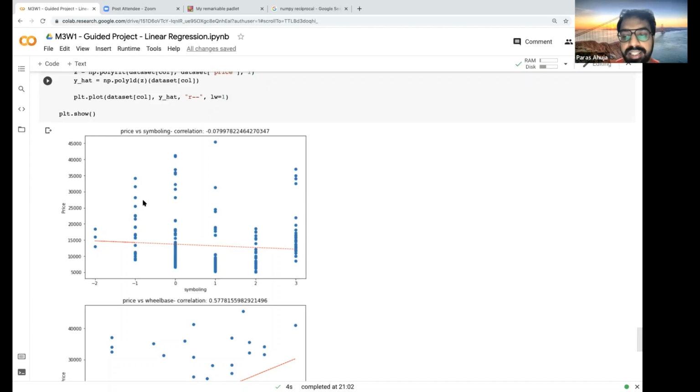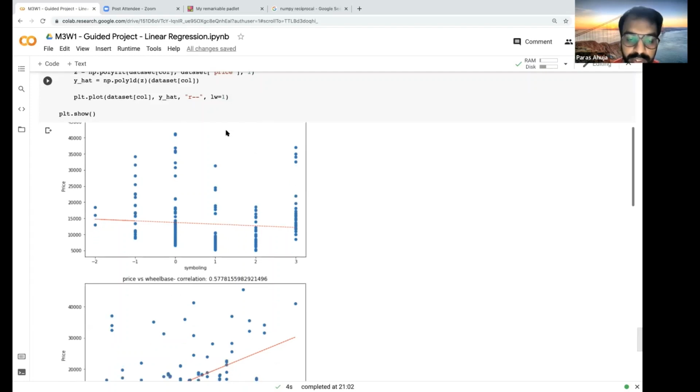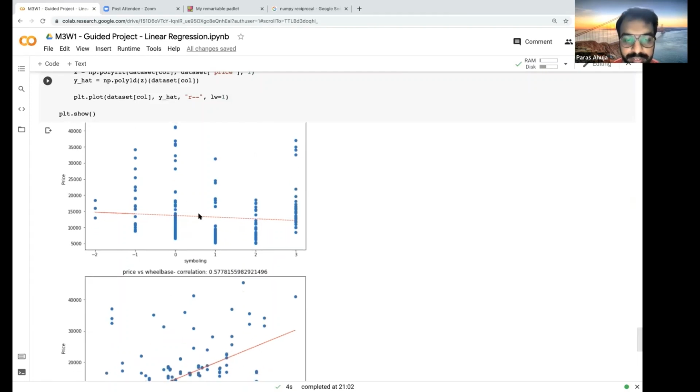You cannot clearly say that as your symbolic rating increases, your price increases or decreases. And if you see the correlation value, the number here is -0.07, which means there is a negligible negative correlation, and that is clearly visible with this red line.